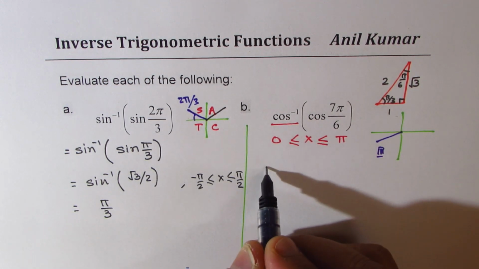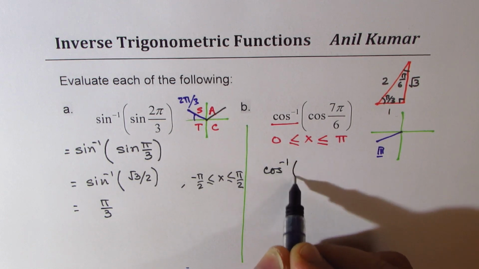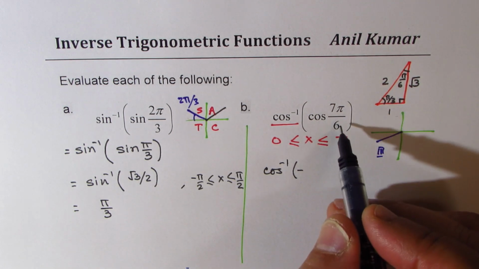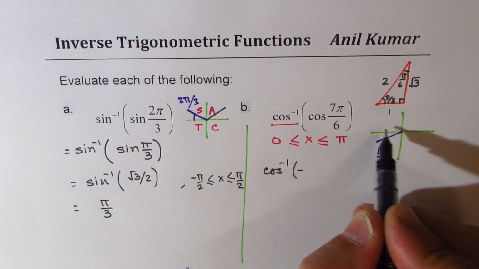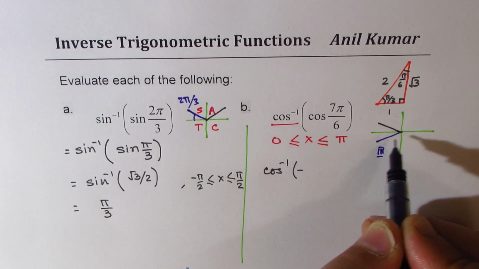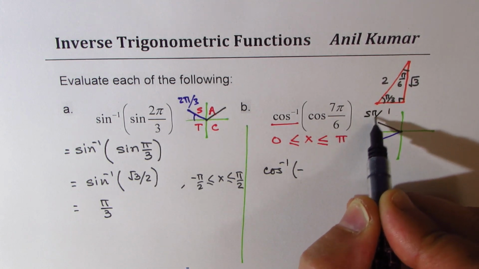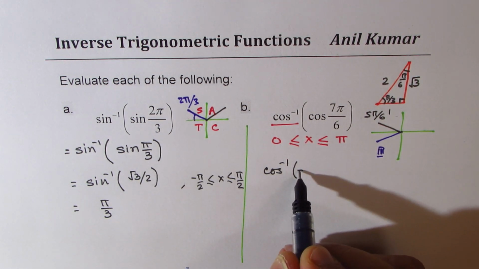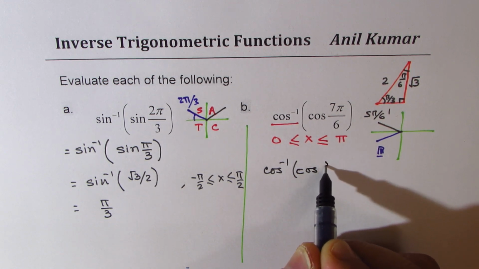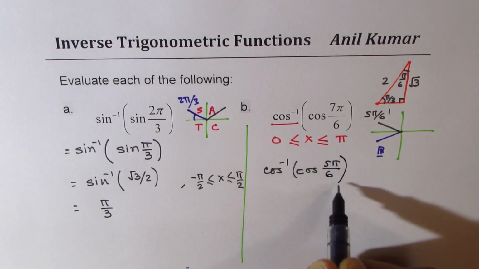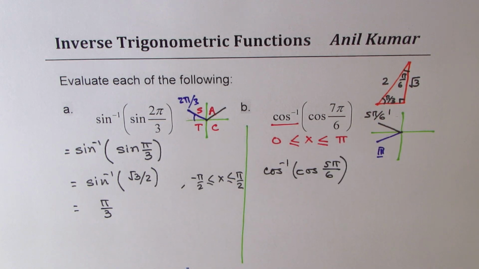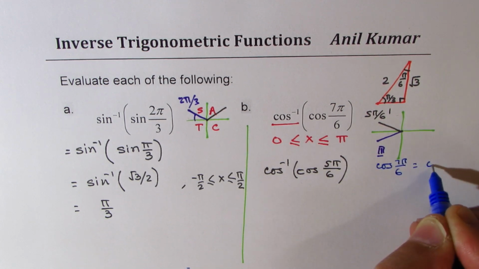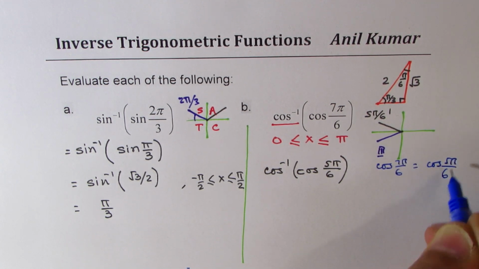So I could write this as cos inverse of negative value of cos pi by 6, or even I could say it is same as 5 pi by 6, correct? So I could also use this as cos inverse cos 5 pi by 6, because cos 7 pi by 6 is equal to cos 5 pi by 6, correct?